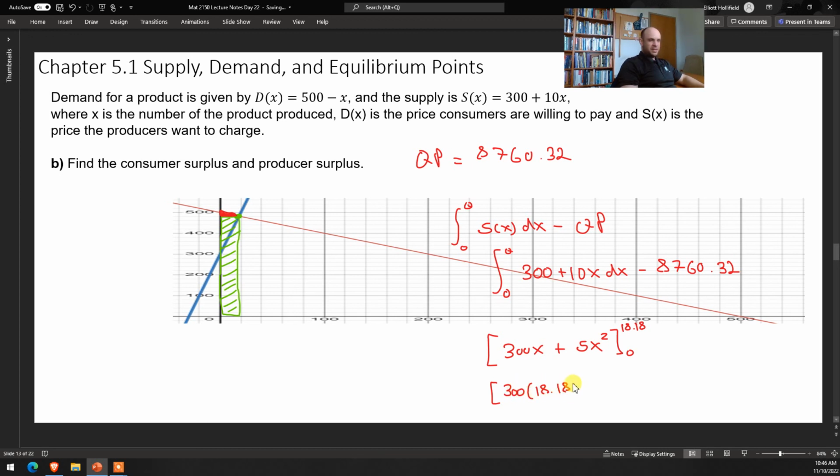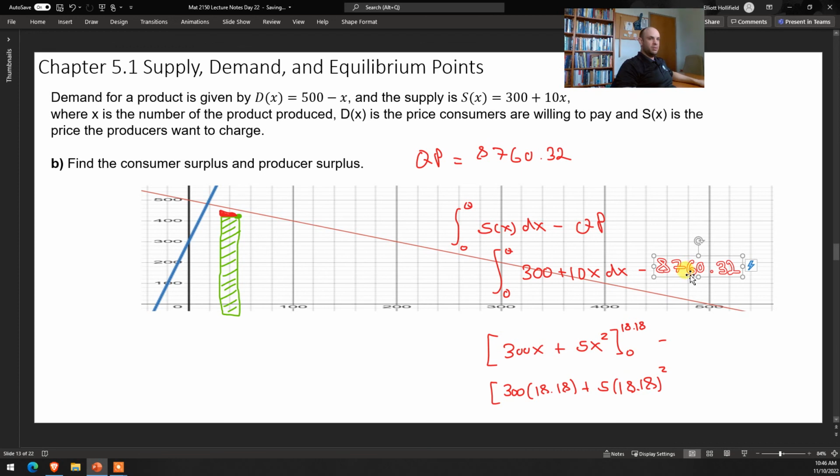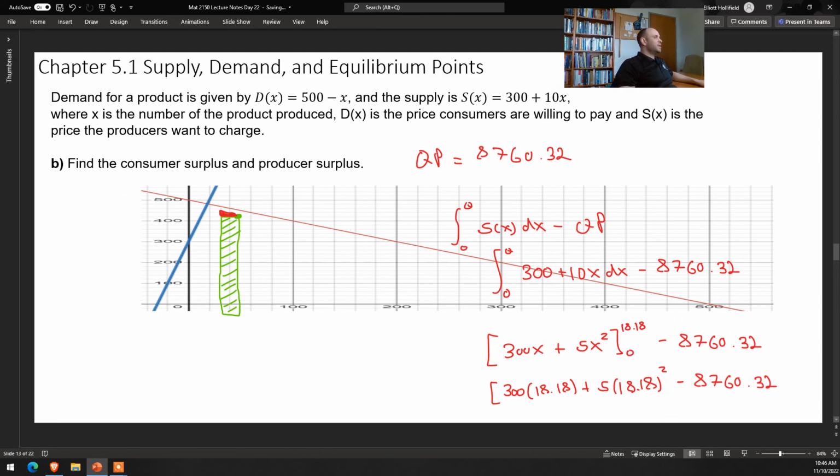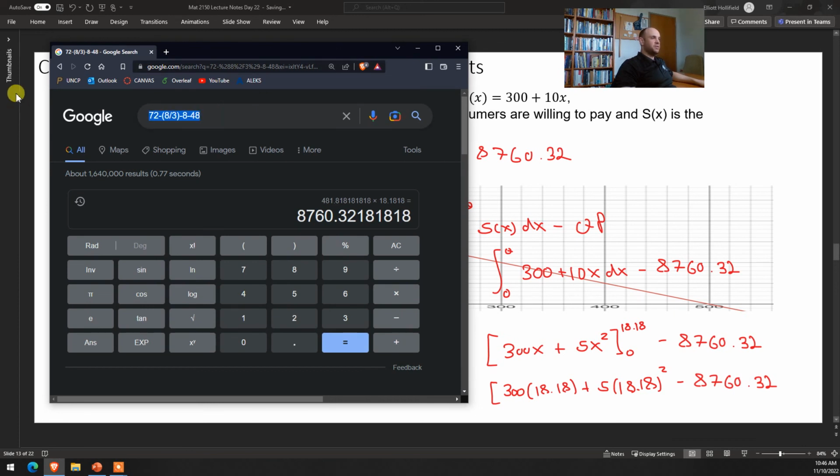Here we get 300 times 18.18 plus 5 times 18.18 squared. And then we need to subtract this quantity. Uh-oh. Let's let our calculator do that one for us.